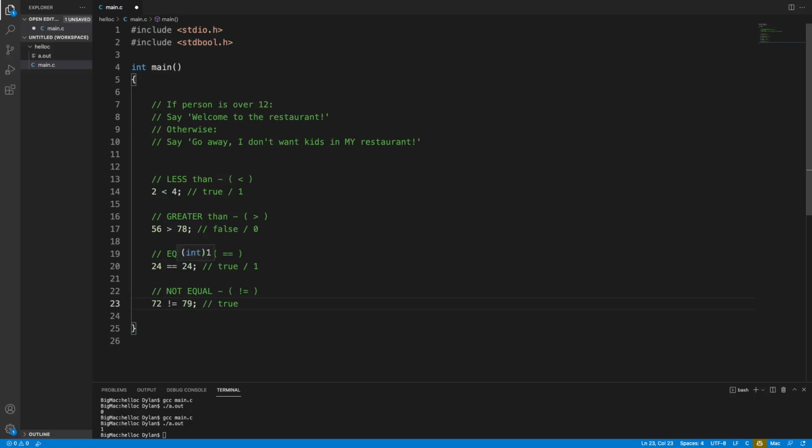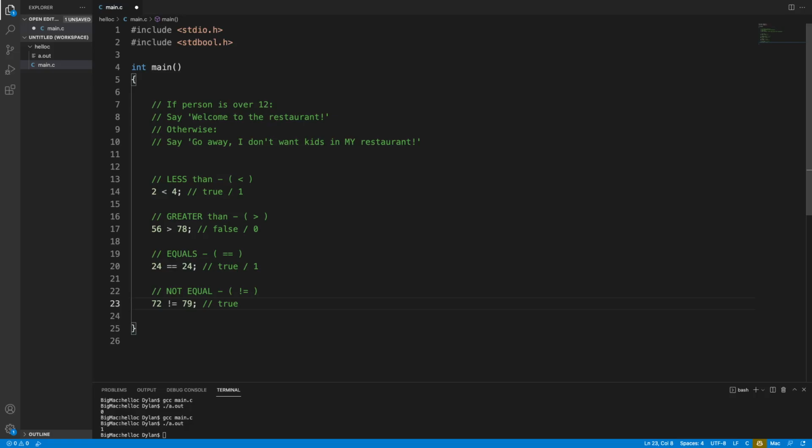So you're saying that these aren't equal. So they're not equal, if you know what I mean.